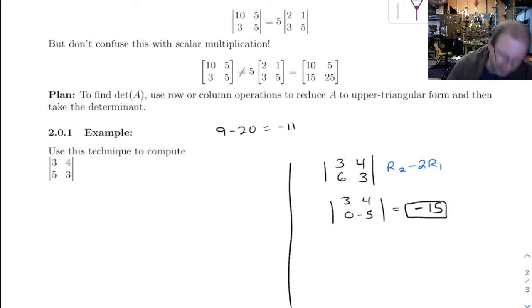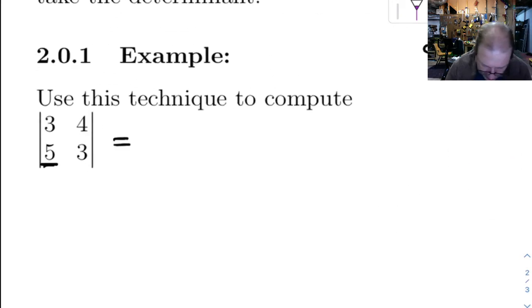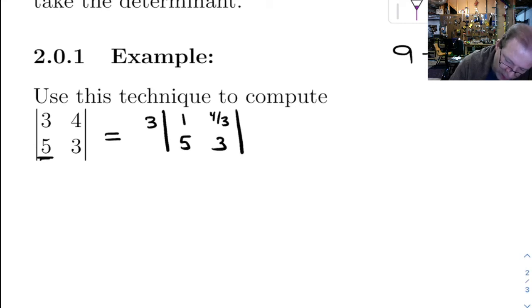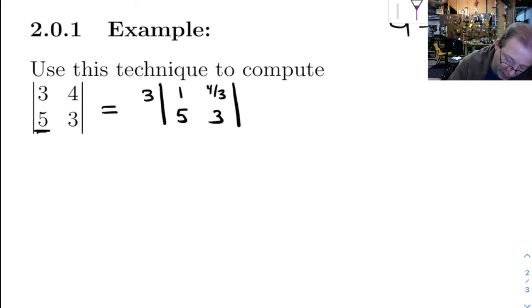This one over here, the original example, is a little uglier. We want to get a 0 here. So first, let's get a 1 up top. I'm going to factor a 3 out. That leaves me with 1 and then 4/3. And then I'm going to use the operation row 2 minus 5 row 1.